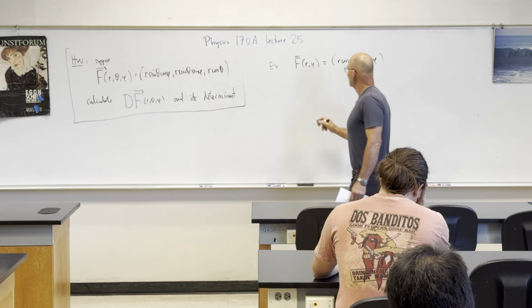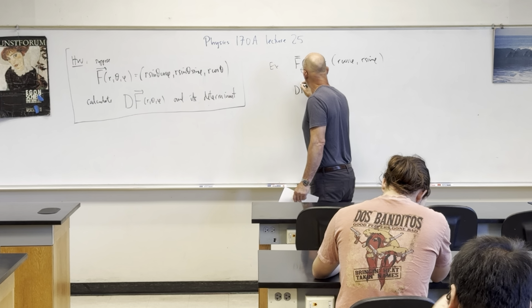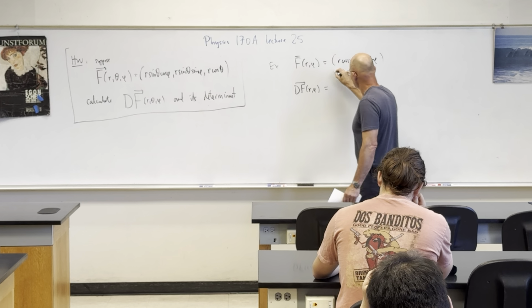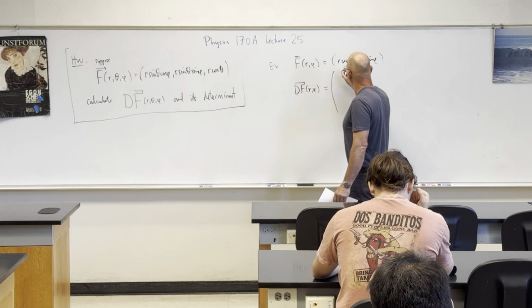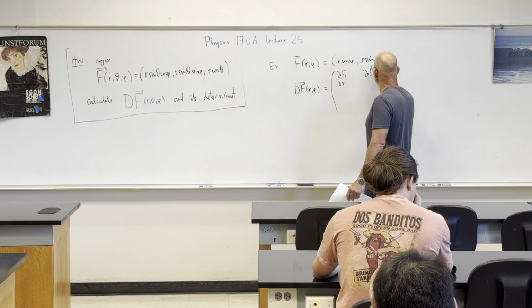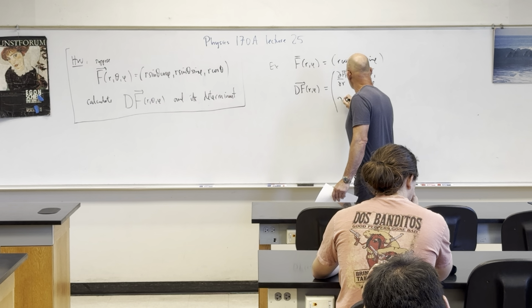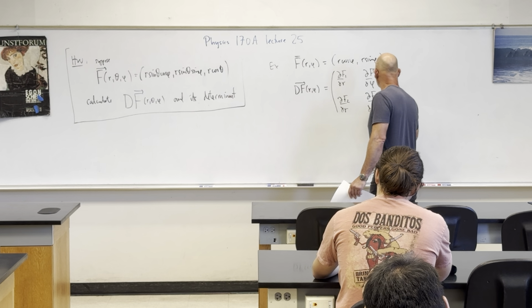And that df of r and phi is going to be df sub 1 dr, df sub 1 d phi, df sub 2 dr, df sub 2 d phi.